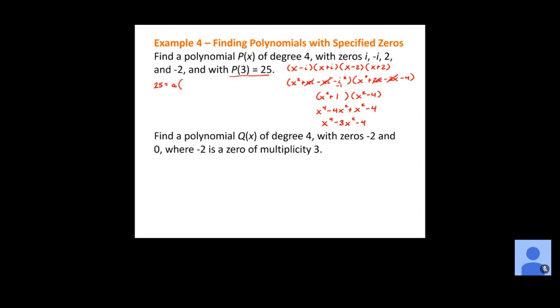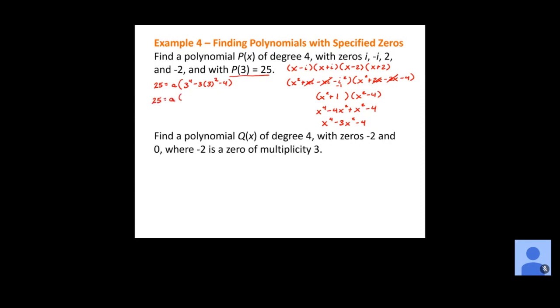And I'm going to substitute 3 in for my x value. So this is going to be 3 to the fourth minus 3 times 3 squared minus 4. And then I'm going to solve for a so I know what I need to actually multiply my polynomial by this time.